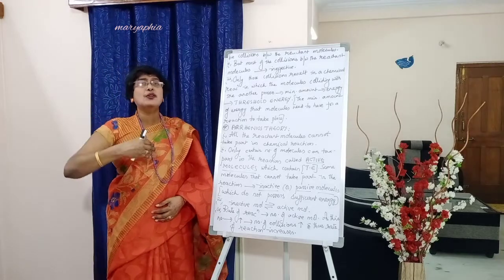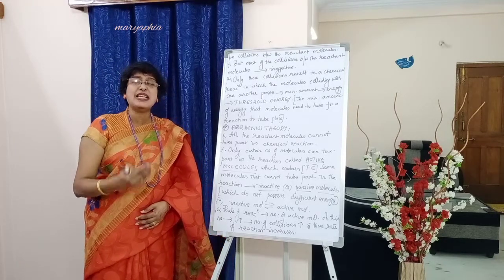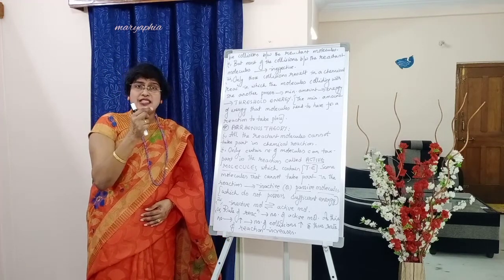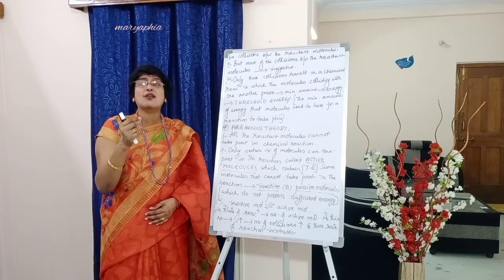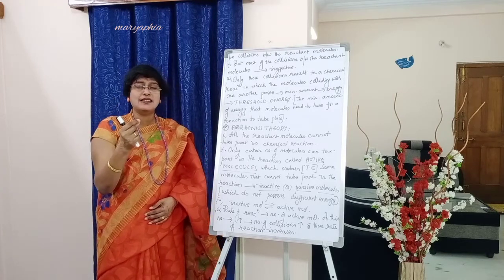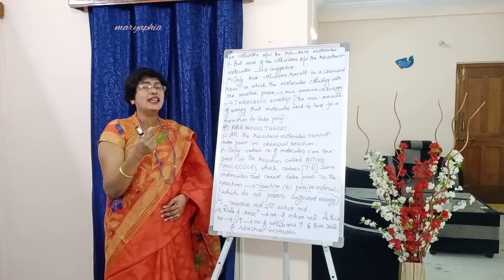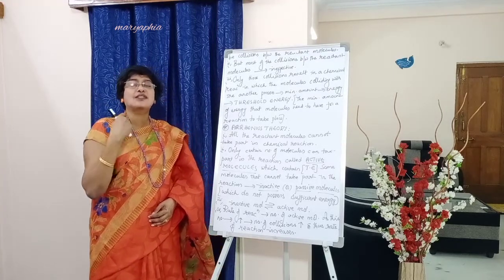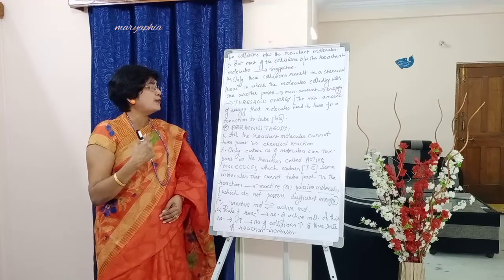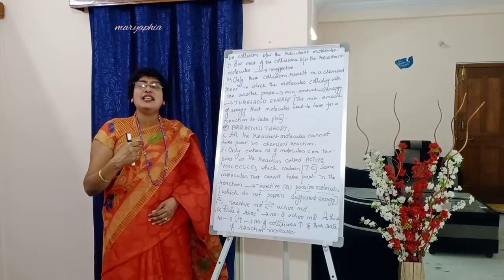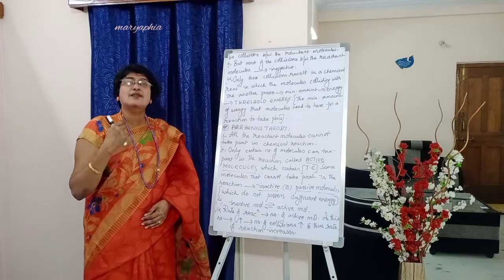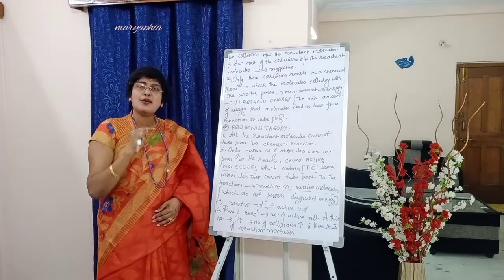And only those collisions result in a chemical reaction in which the colliding molecules possess some amount of energy which is called threshold energy. Okay, spelling, students: THRESHOLD, threshold energy. Underline it in the brackets.